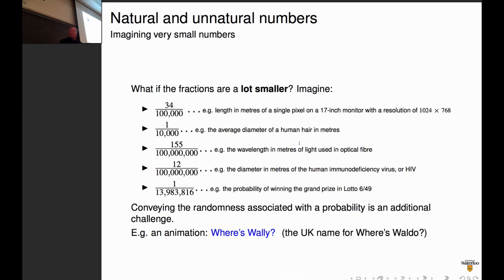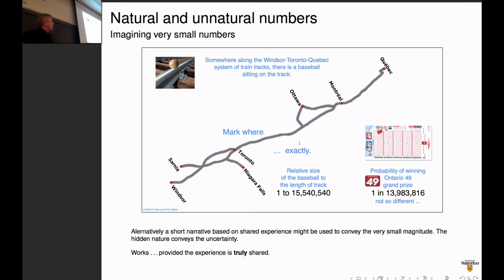So here's an example. A few years ago, a student, Rachel Dean, and I put together some posters on the probability of winning Lotto 649. One thing you might imagine is all of the railway tracks between Windsor and Quebec City, right down to Niagara Falls.